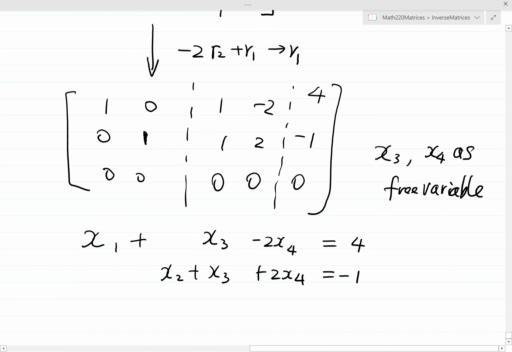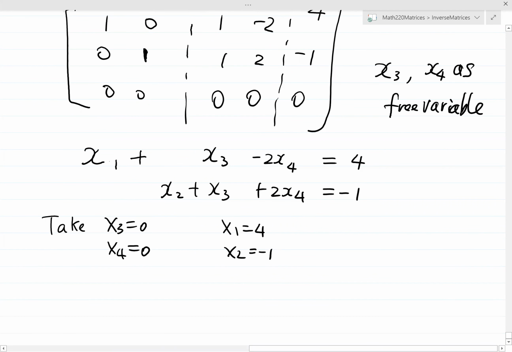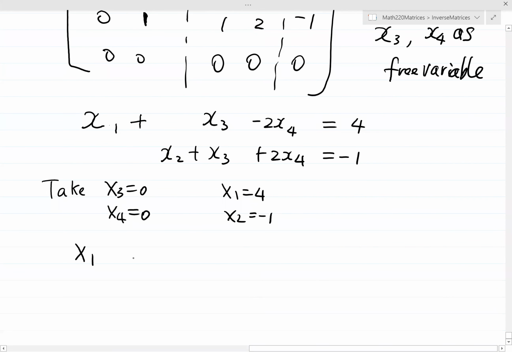So you can solve for x1, x2. You need to find a special solution. For instance, take x3 to be 0, x4 to be 0. So we get x1 is 4, x2 is negative 1. In general, x1 is 4 minus x3 plus 2x4, and x2 is negative 1 minus x3 minus twice x4.